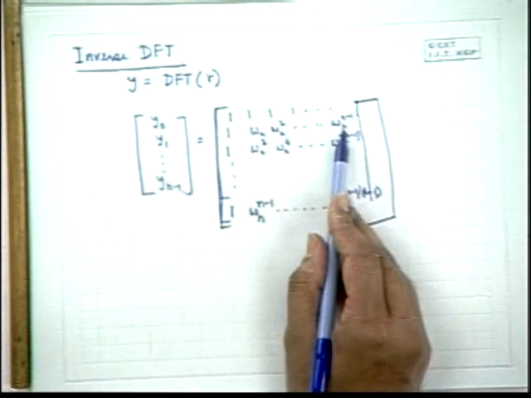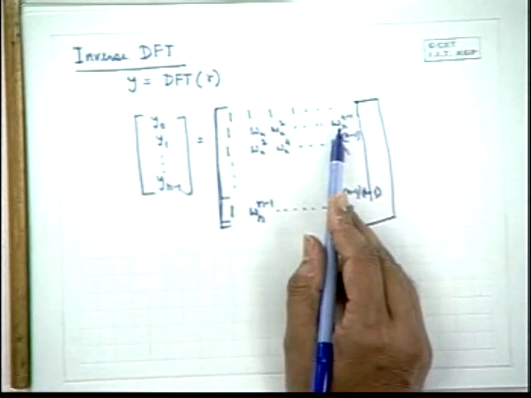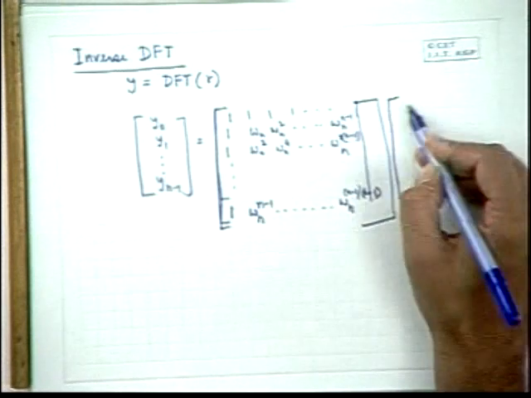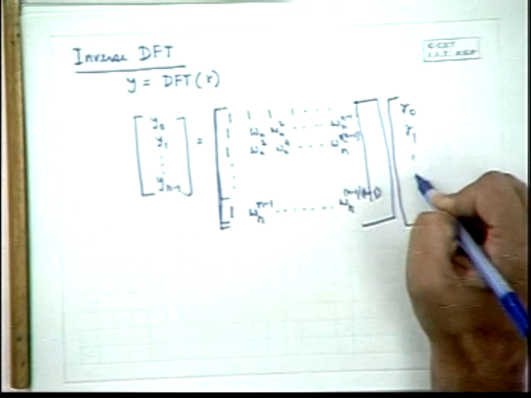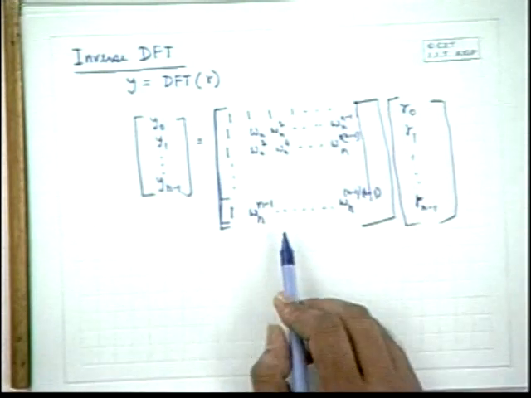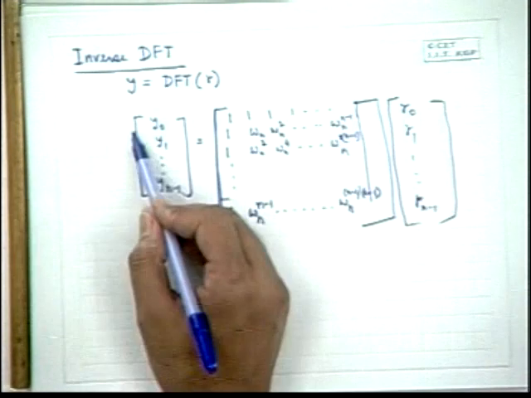These are the points at which you have evaluated the polynomial R, multiplied with the vector R0, R1 up to Rn minus 1. The entire evaluation can be seen like this.